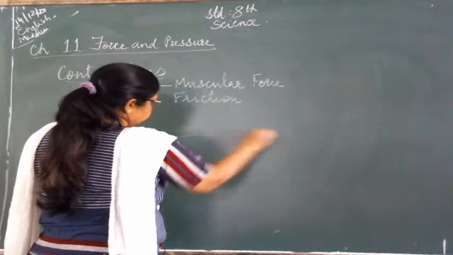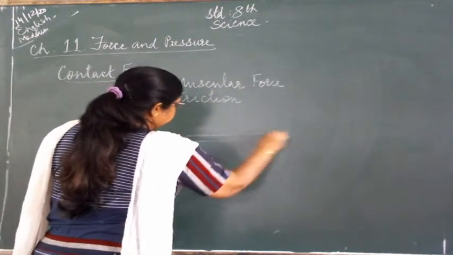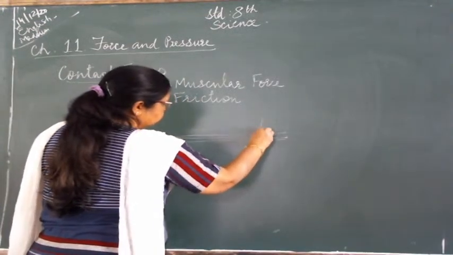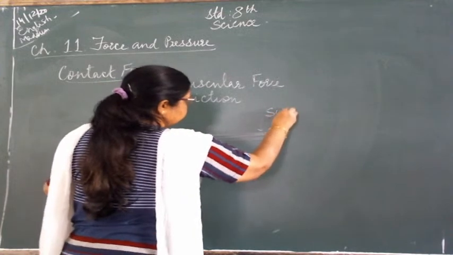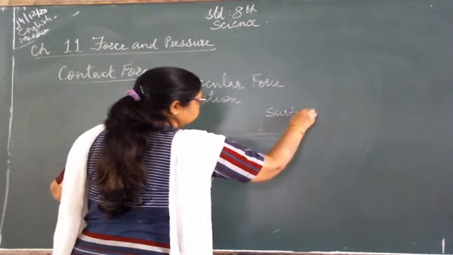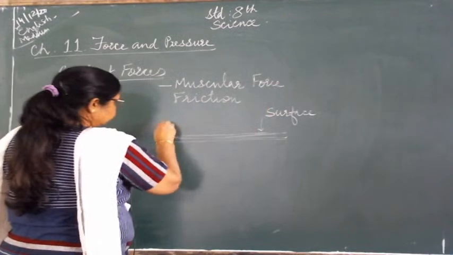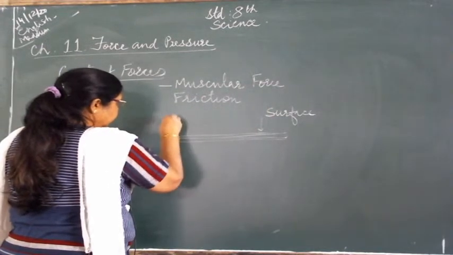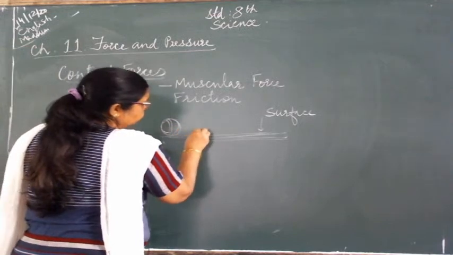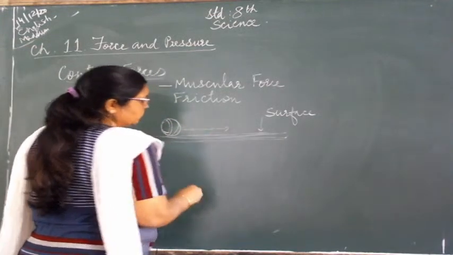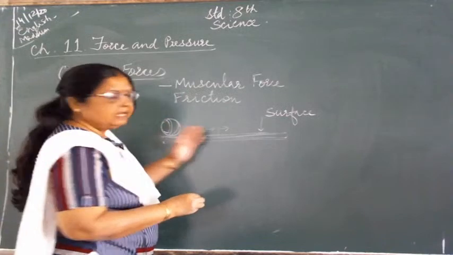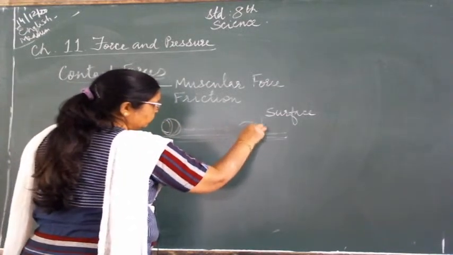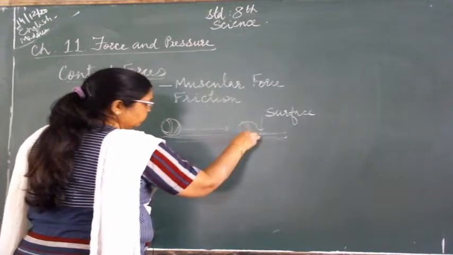This is the surface. We will talk about a smooth surface. And this is, suppose, my ball which is rolling on the ground, and it is moving. Initially when you apply force, it moves, and a time comes when the ball becomes stationary.